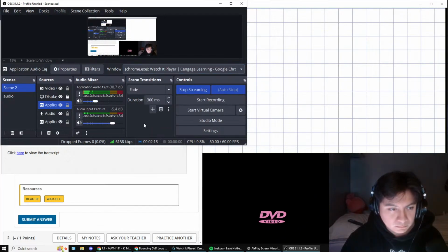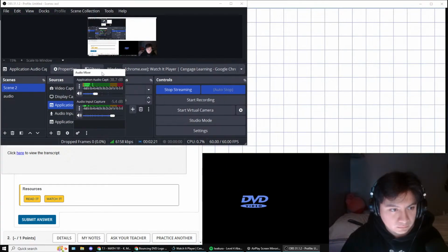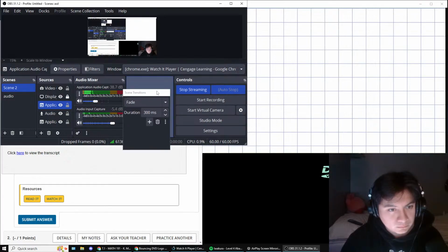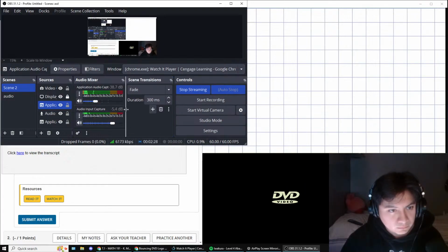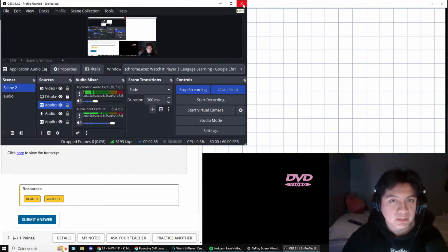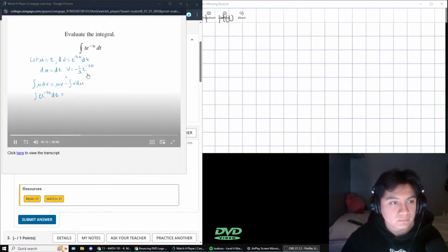By parts, where the integral of u dv equals u times v minus the integral of v du. And so we have the integral of t times e to the negative 3t dt equals u times v.